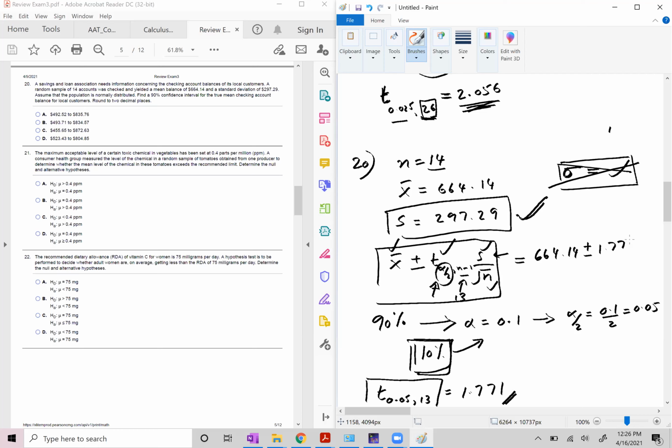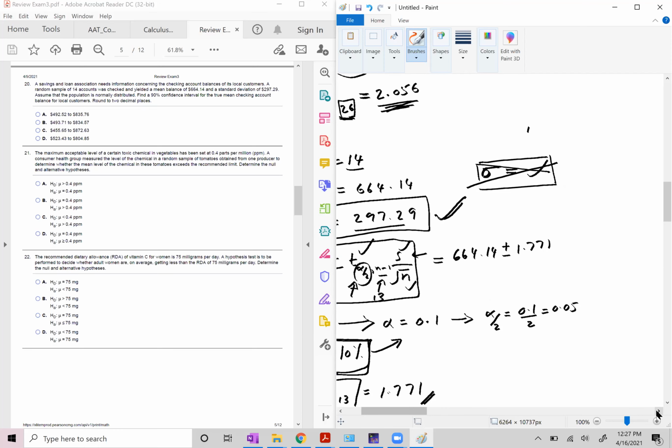It is 1.771. S is 297.29, straightforwardly given, divided by square root n, which is 14, the sample size.